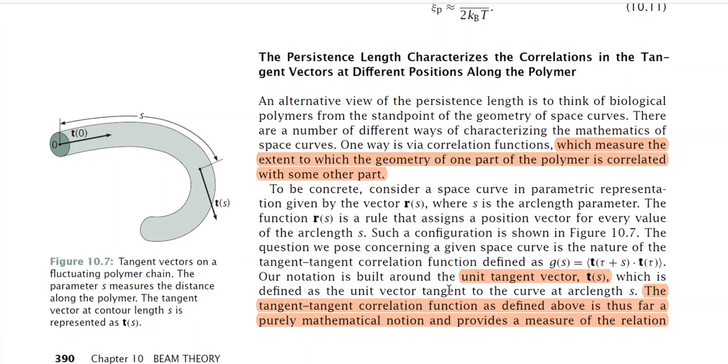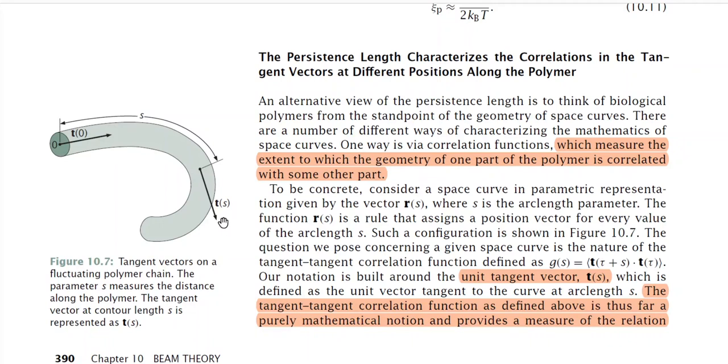Our notion is built around the unit tangent vector T(s). So, this is the vector that we are defining inside the average. T means the tangent vector, and the tangent vectors are unit vectors. T(s) is defined as the unit vector tangent to the curve at arc length s.